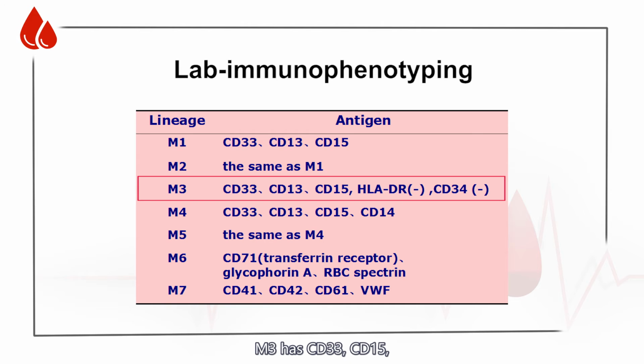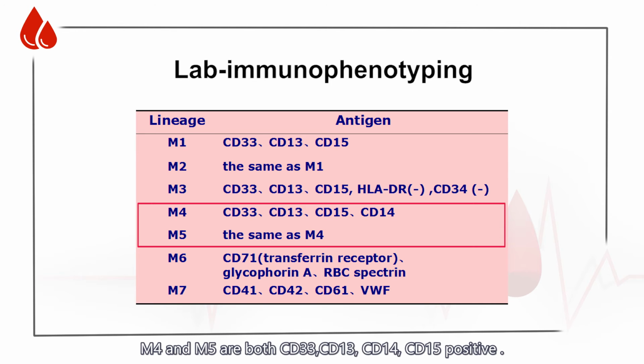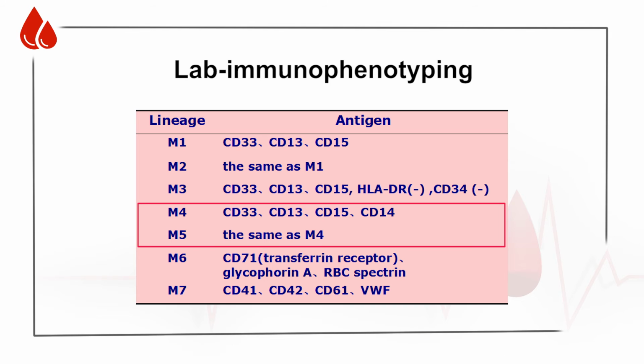M3 has CD33, CD15, CD13 positive, and HLA-DR negative, CD34 negative. M4 and M5 are both CD33, CD13, CD14, CD15 positive.